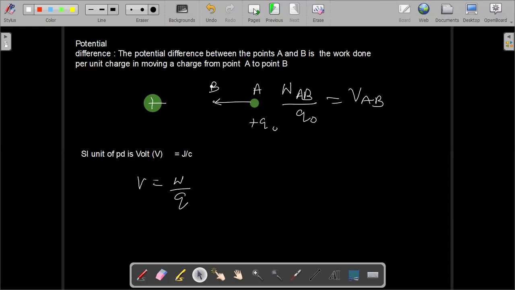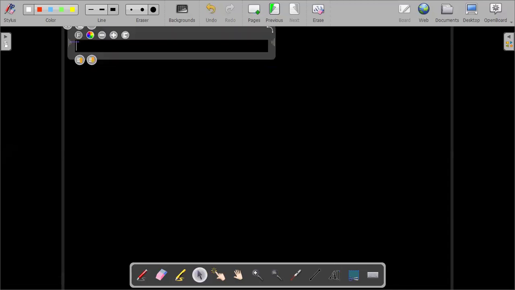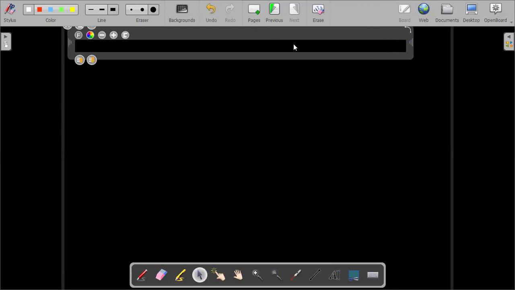So we can do a small question. What will be the work done to move a charge of 2 coulomb through a potential difference of 12 volt?